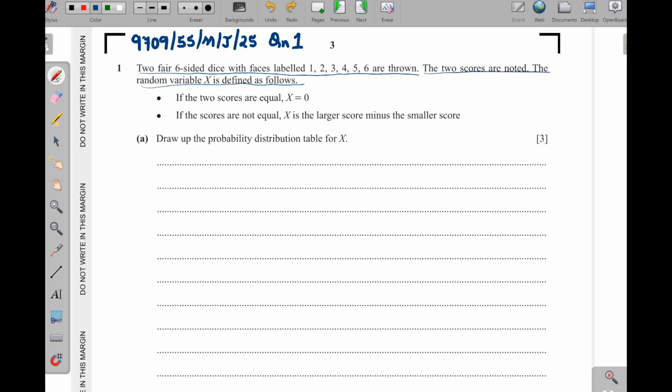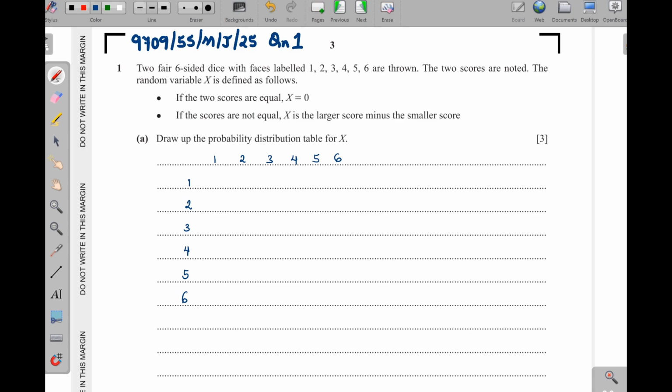Now we are going to draw the possibility diagram first, then we use that to get the probability distribution table. So we have two dice. We have 1, these are the scores, 2, 3, then 4, 5, and 6. The other one has 1, 2, 3, 4, 5, and then 6.